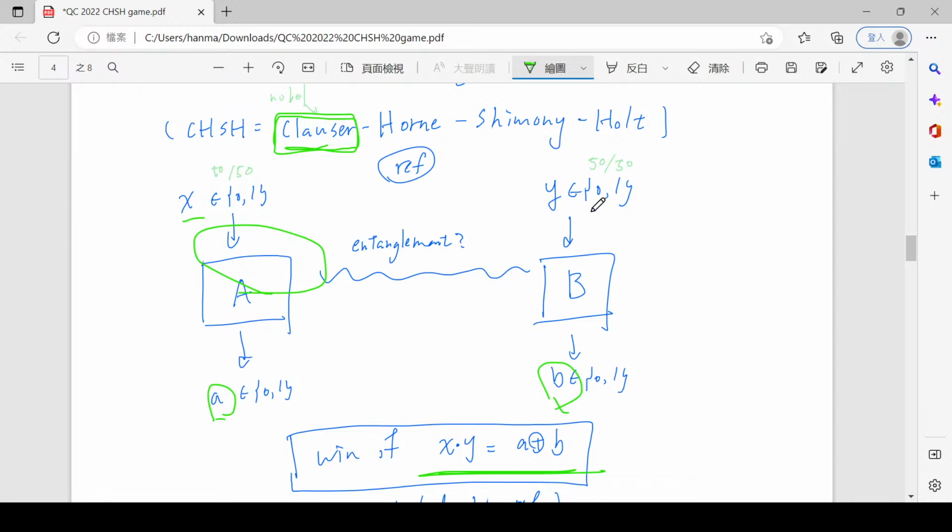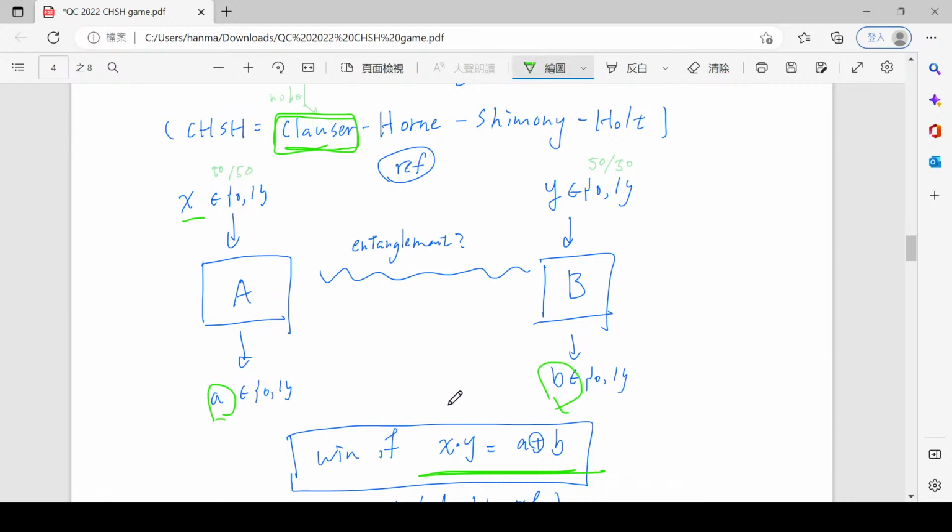Bob will also see Y, and will do some function on Y and his part of the entanglement or shared randomness to determine B. The hard part is the communication.